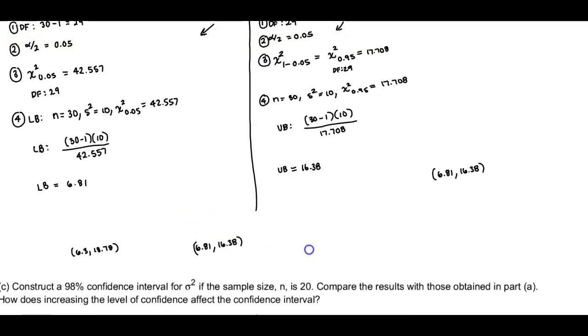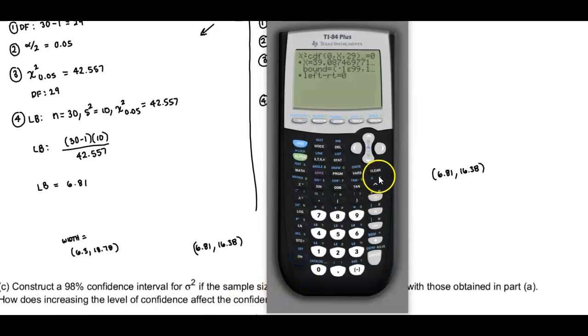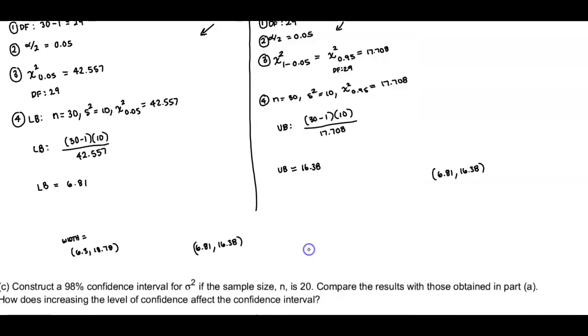Okay, let's determine the width. If we take 18.78 and subtract 6.3, well, that gives us a width of 12.48.